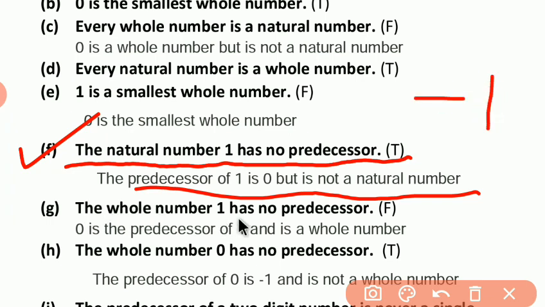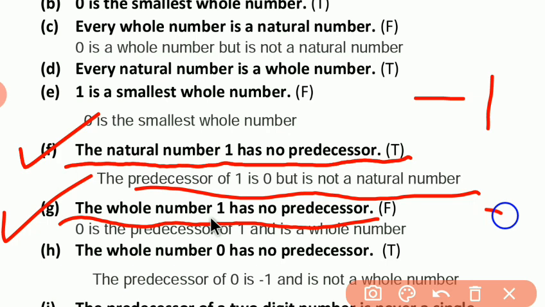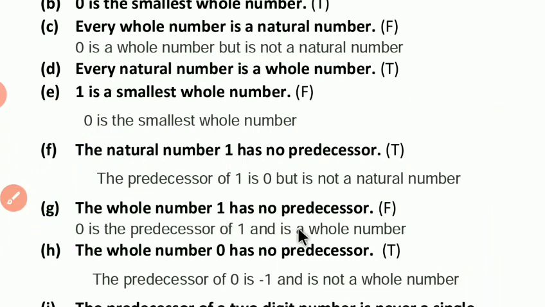G, the whole number 1 has no predecessor. It is false, because 0 is the predecessor. If you minus 1, predecessor means 1 minus 1. So 1 minus 1 is 0, and 0 is the predecessor of 1, and 0 is also a whole number. So it is given no predecessor. It means it has a predecessor, so it will be false.